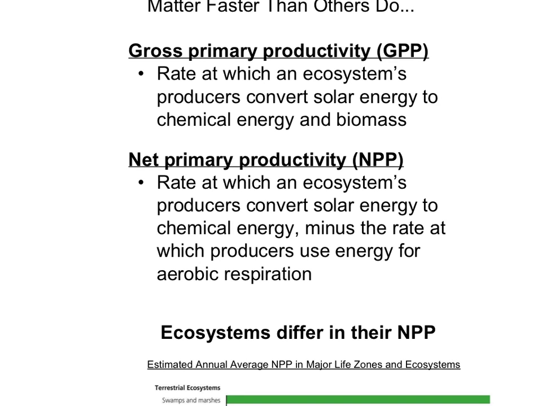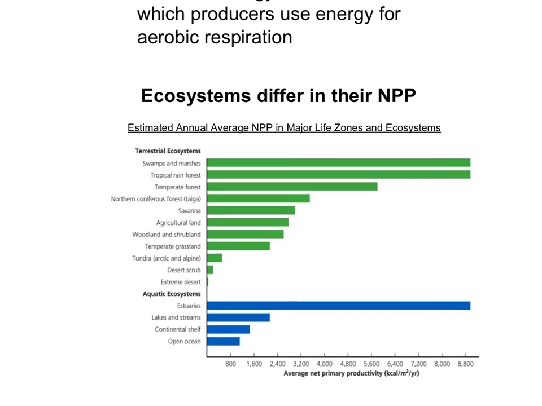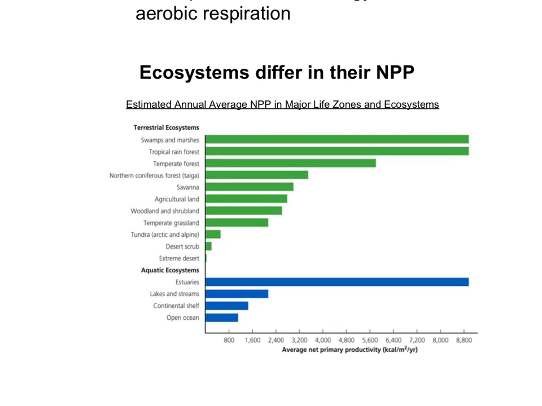So they're going to use the energy that they're storing at some point. So you have to subtract out the amount of energy that producers themselves are using, right? And that gives you the net primary productivity, and that's the amount of energy that's going to go to the next trophic level. Let's take a look at the ecosystems and how they differ in their net primary productivity.